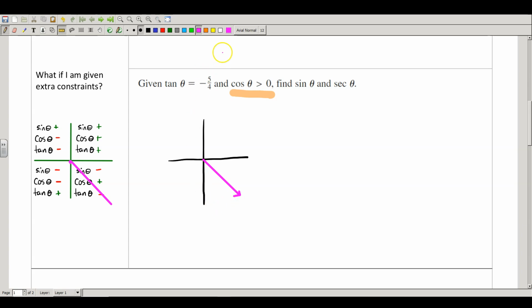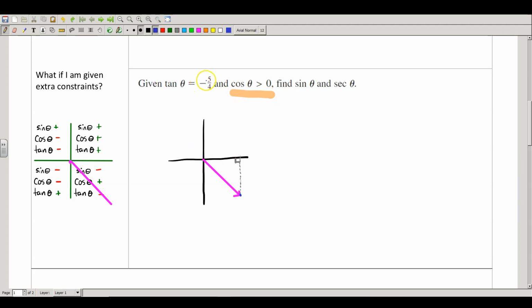I don't have a unit circle here, but I'm going to stop this at some point and create my own right triangle in quadrant 4, because I know theta is in quadrant 4. I don't know exactly where theta is. It could be this, theta could be this. Who knows? I just know that it lands right in quadrant 4.